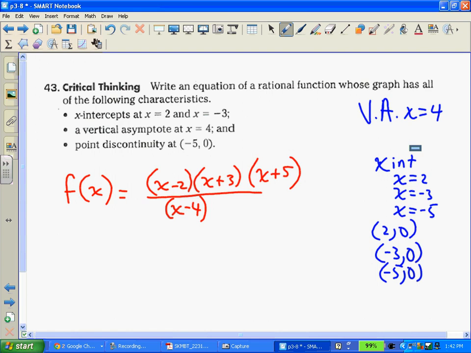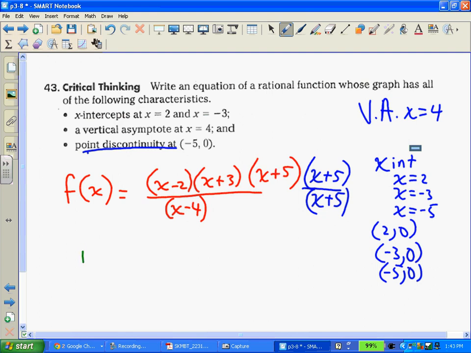But we want a point discontinuity at (-5, 0). So how do we do that? We simply multiply top and bottom by the factor x plus 5 over x plus 5. And this will give us all we need to meet the conditions that we were given.